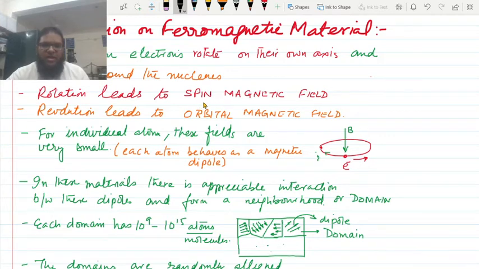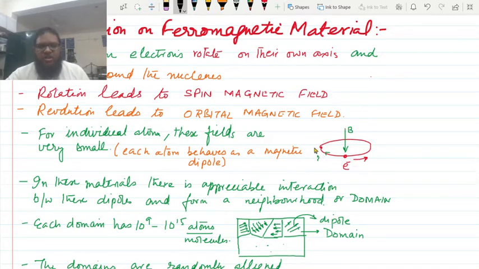And because the electron is revolving around the nucleus, it will have its orbital magnetic field. For an individual atom these fields are very small, because the atom is small and the charge is very small, so the magnetic field will be very small.